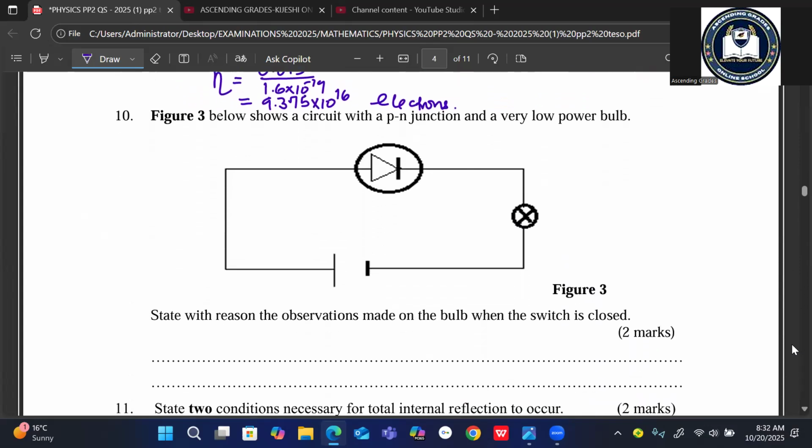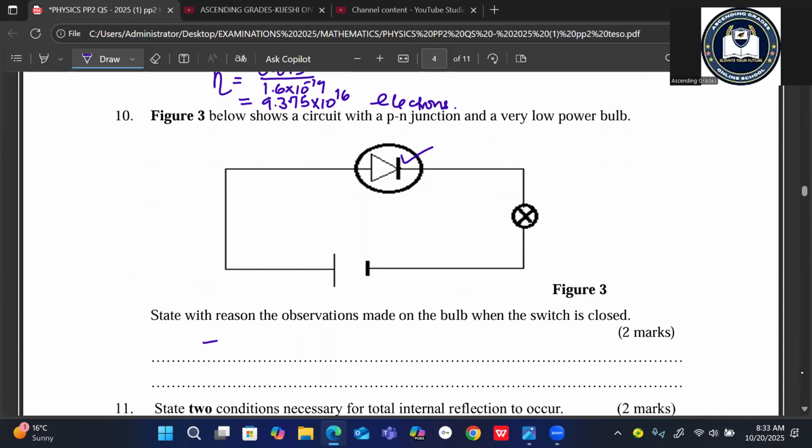Figure 3 shows a circuit with a PN junction and a very low power bulb. State with the reason the observation made when the switch is closed. This one is going to light because it is set to have a forward bias.